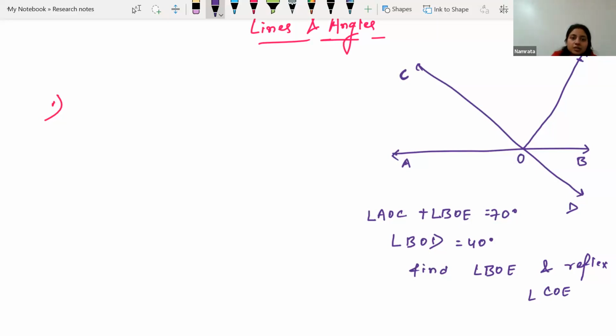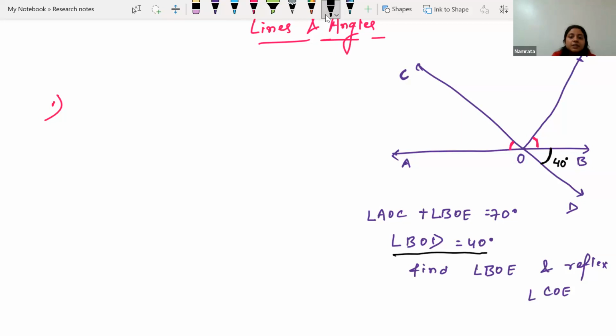Here it's written angle AOC. Where is AOC? Here is AOC, this red angle, and angle BOE, this red angle. The sum of these two is 70 degrees, given over here. And BOD, this one, is given as 40 degrees.